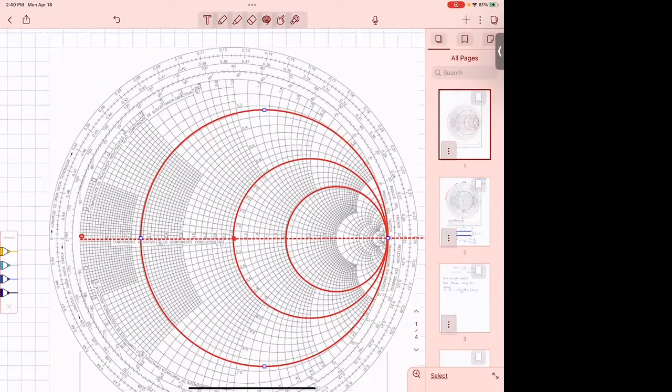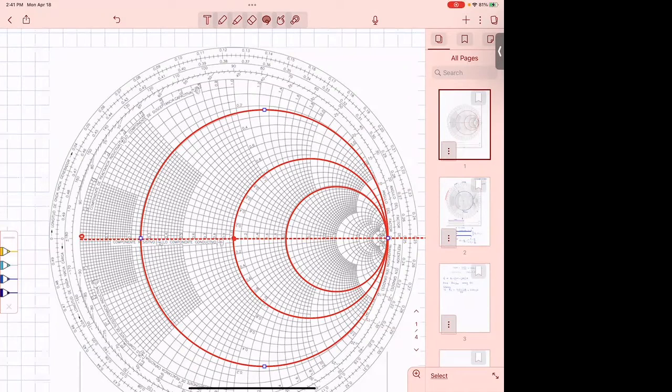There are these other circles. You see these lines here that go like this? There are circles up in the northern hemisphere, and then in the southern. The difference between the northern part, the upper half of the circle, and the lower half is in the sign.